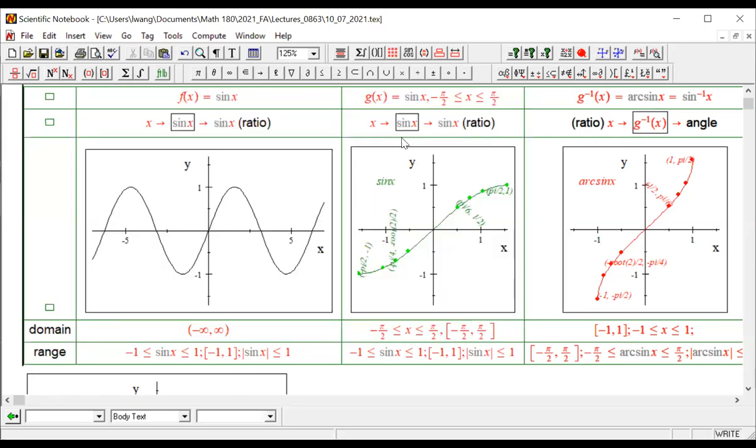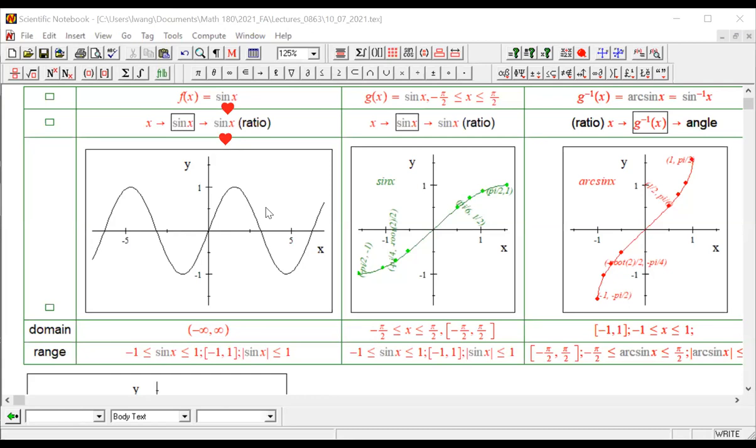However, because they have the same name, if we ever mention sine and we don't specify the domain, it always refers to this guy.